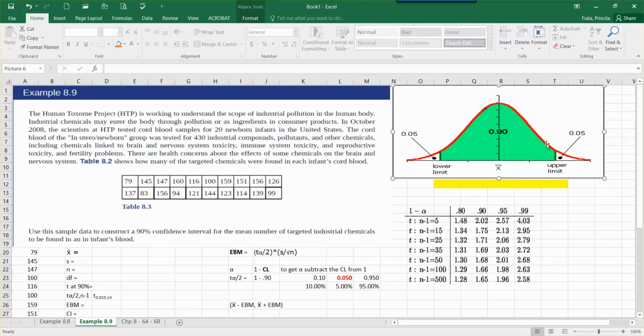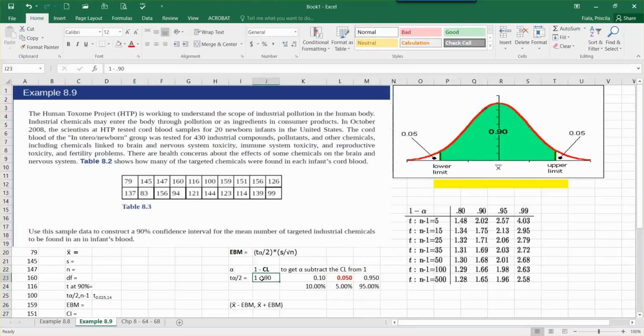Therefore, you're going to have 5% for each tail: 5% on the tail below the mean and 5% on the tail above the mean. How do I know that?